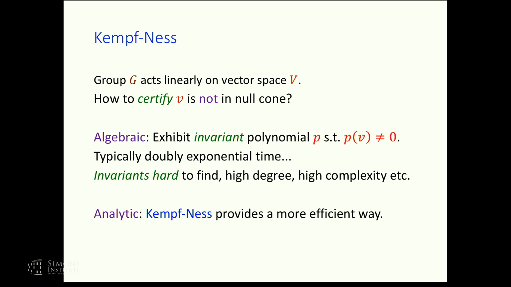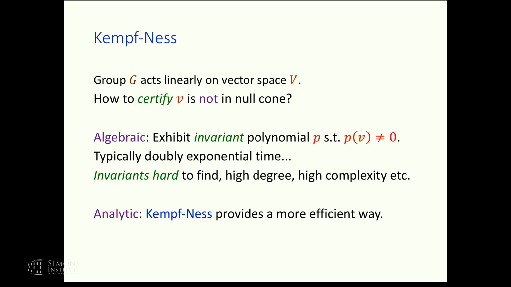I want to spend more time on the Kemp-Ness condition, which is a condition showing that an element is not in the null cone. How do you certify that? Well, we said already that in order to know that something is not in the null cone, you just have to find an invariant polynomial which does not vanish on this point. That's an algebraic condition.